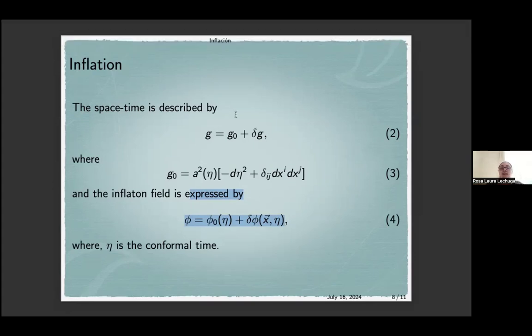But as I will show you, there are questions that we try to understand and address, even the question of why, or what is the reason, because the observations match perfectly with the theory. What is behind it? What is the theory?